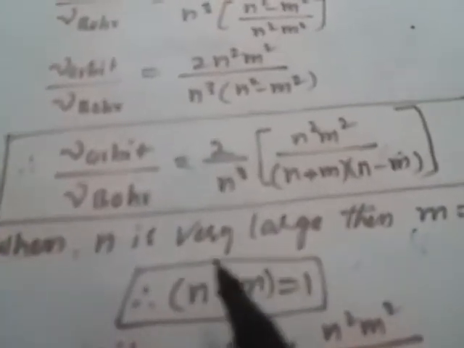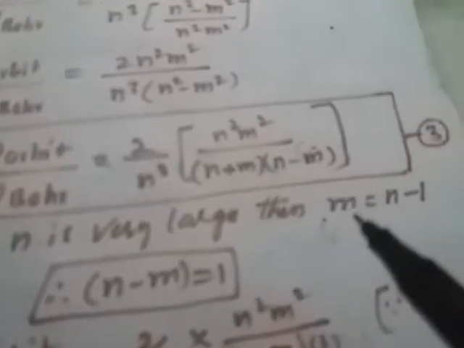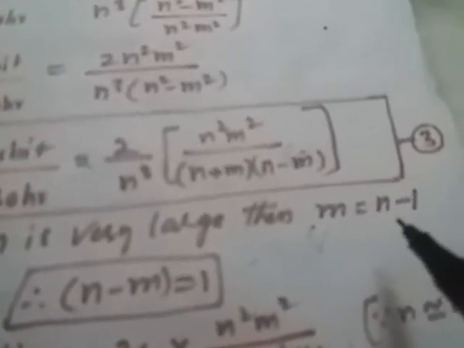When n is very large, far greater than m, the value of m can be written in terms of n − 1. So n − m is equal to 1, and n is approximately equal to m.